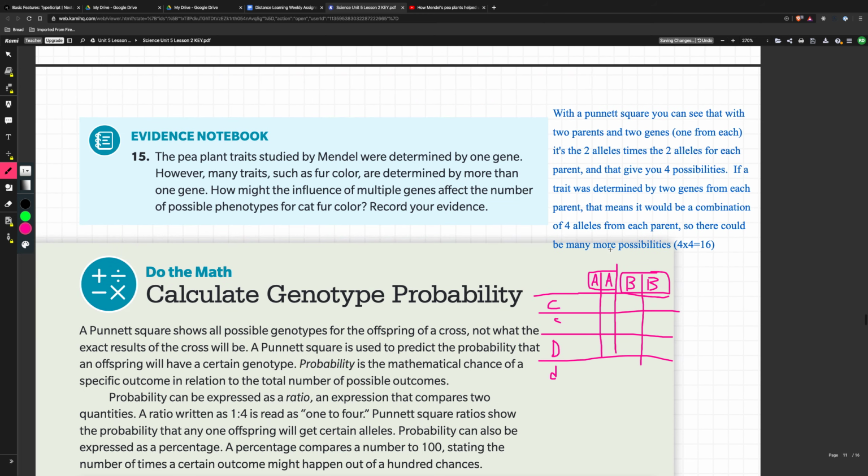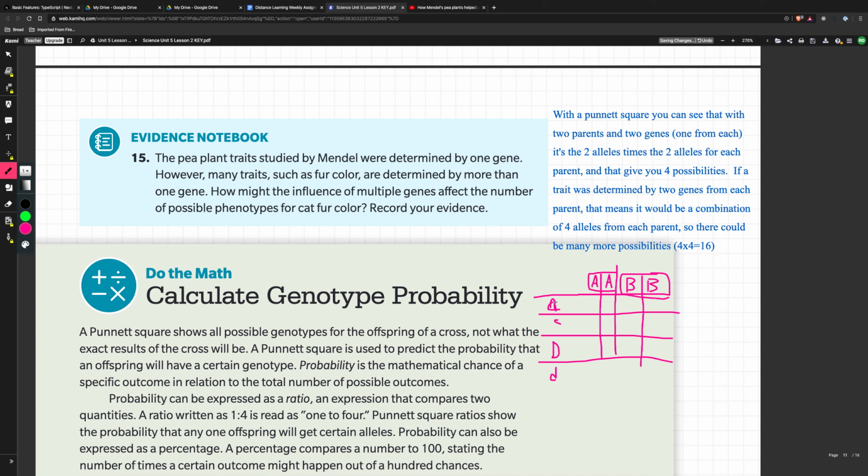Or I guess these should still be A's, because they're the same genes, and this would be B and B. Now you've got a gajillion different possibilities, because you don't have to just figure out how the four things connect. It's like four times as many. So the more genes you have, the more complicated the possibilities end up becoming.